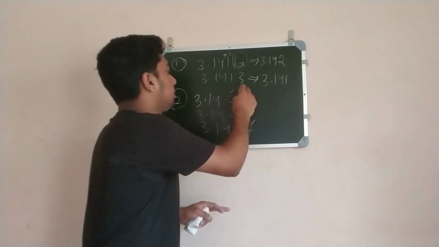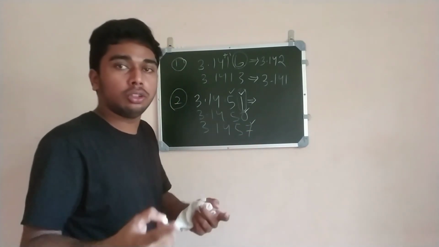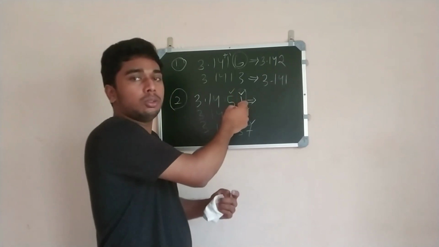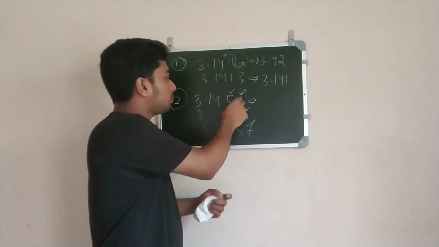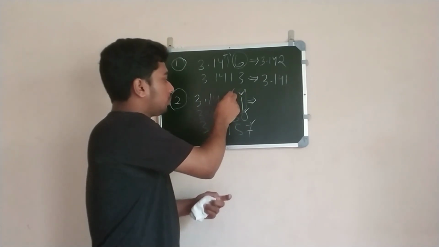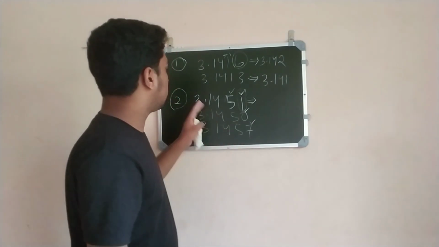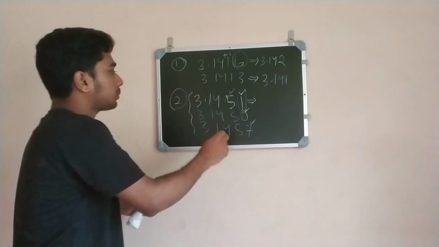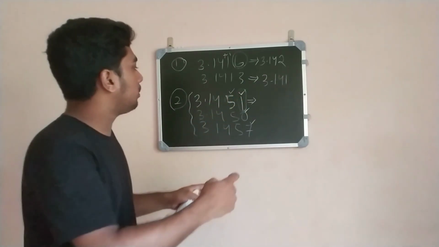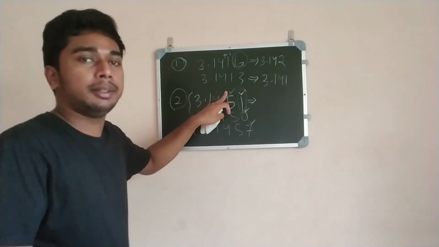So in this case, when the digit you want to round up is non-zero, then you will add 1 to the previous one. I mean here 5 is present, then you have to add 1 to the 5. So this is a situation where you want to round up a number where the previous digit is itself a 5.